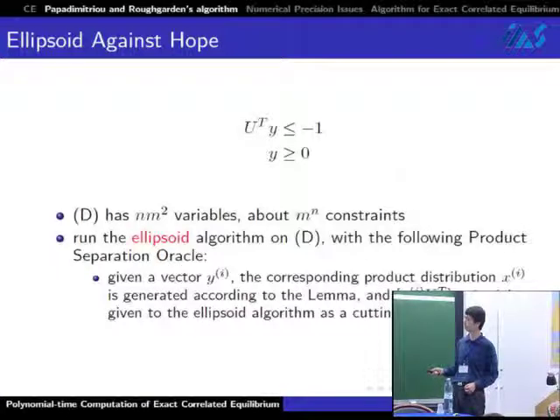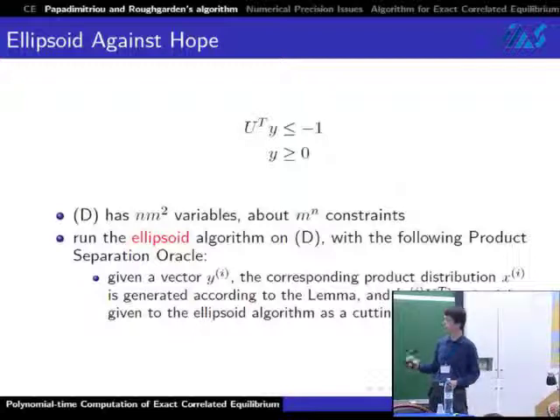And in fact, the previous lemma allows us to construct the following product separation oracle, which, given a vector y, computes the corresponding product distribution x, and then outputs this expression as a separation oracle that separates y from the feasible set.